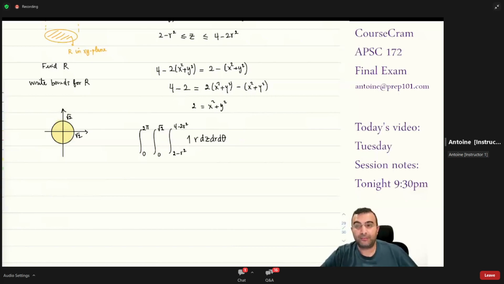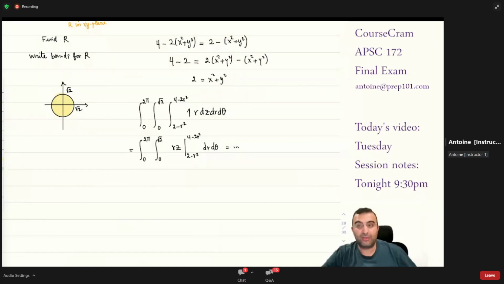So this is equal to, again, you're going to finish this. This would be the integral of 1 dz times r, with z from 2 minus r squared to 4 minus 2r squared, dr d theta. Anyway, they gave you the solutions to these so you can check the answers.